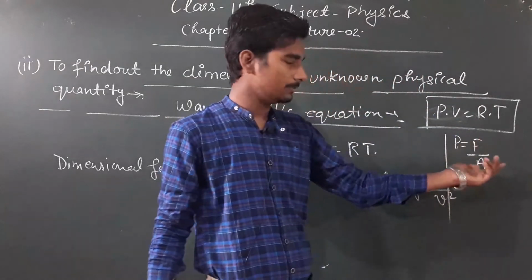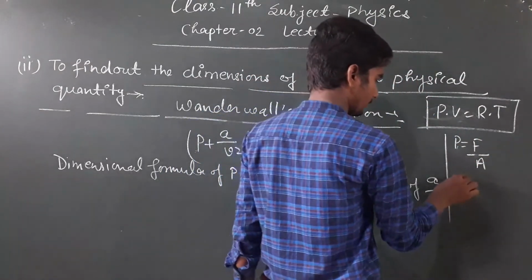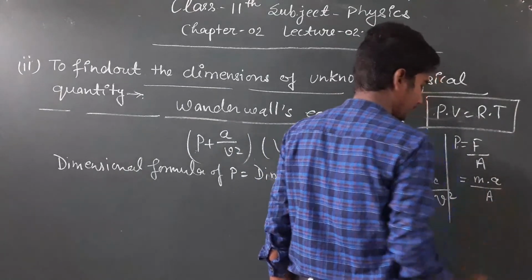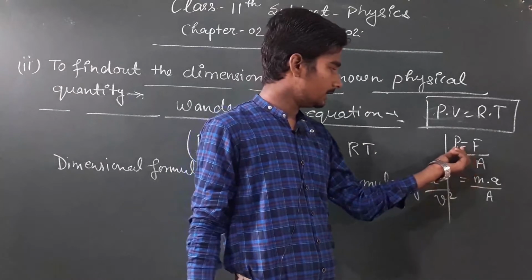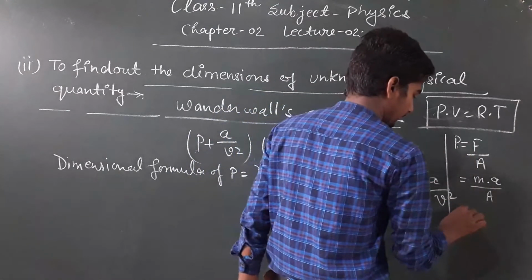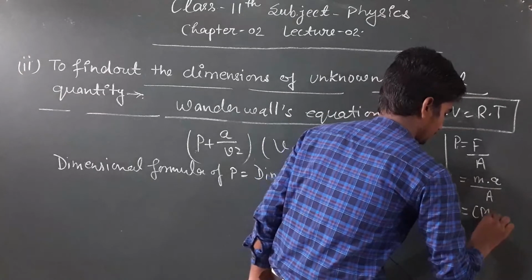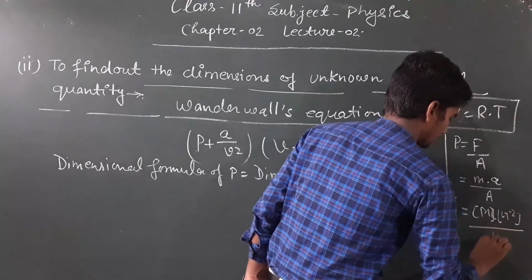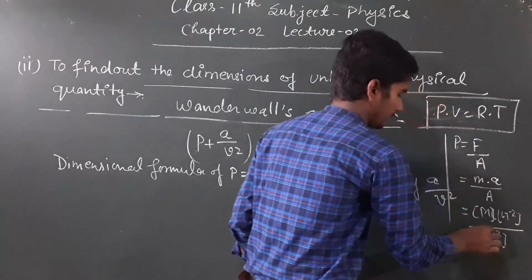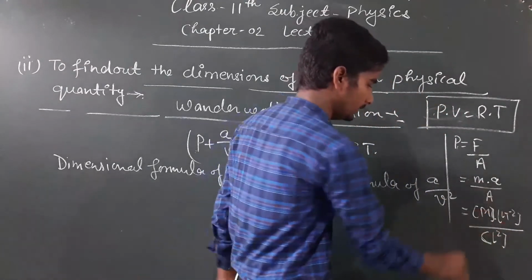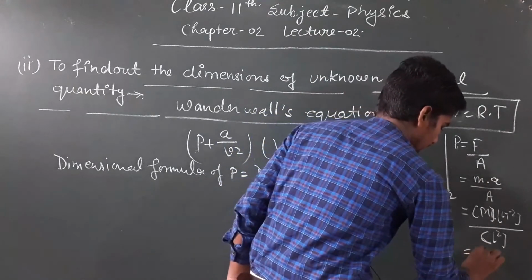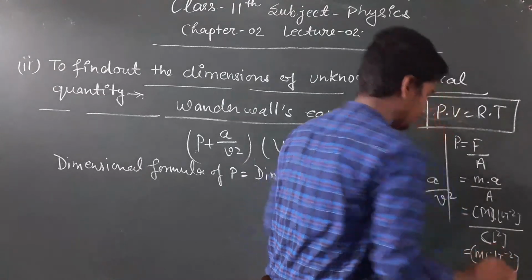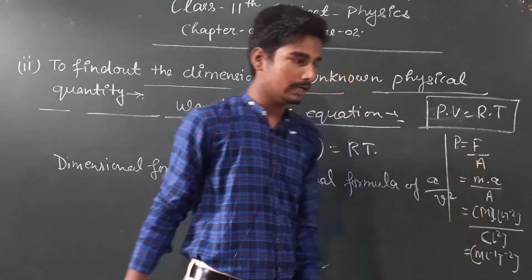Pressure is defined as force per unit area. Force is defined as mass into acceleration, upon area. And if we write the dimensions for P, then we can find m LT minus 2 upon L2, and if we combine all of them, then we find m L minus 1 T minus 2, and this will be the dimensional equation of pressure.